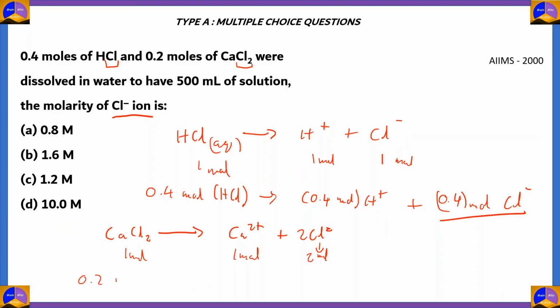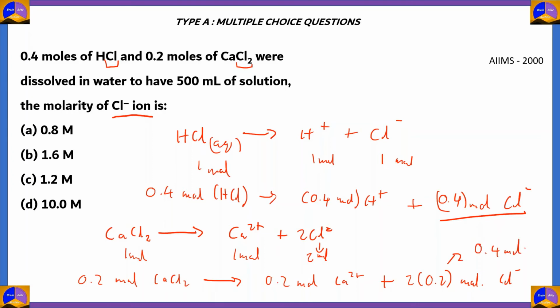So 0.2 moles of CaCl2 will dissociate to give 0.2 moles of Ca2+ and 2 into 0.2 moles of Cl-. This will be equal to 0.4 moles of Cl-. So from both compounds, we get 0.4 moles of Cl- each.